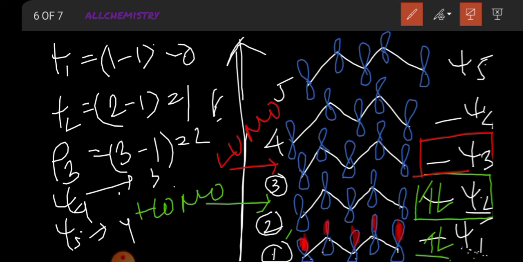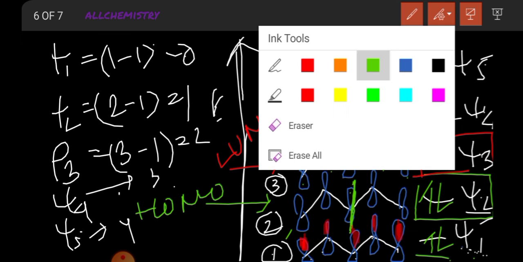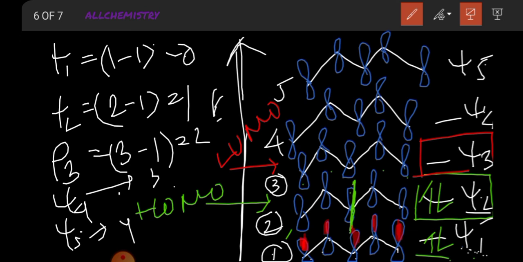in a symmetrical manner, means for this case we will draw the node from the middle of the orbital. On the right hand side there are 2 orbitals, on the left hand side 2 orbitals, so this is a symmetric manner. If the node passes through an orbital, then that orbital will not be occupied by electron. Now how will be the occupancy?